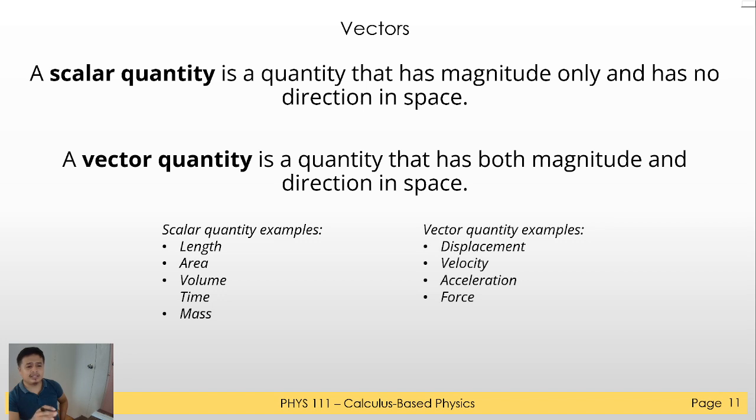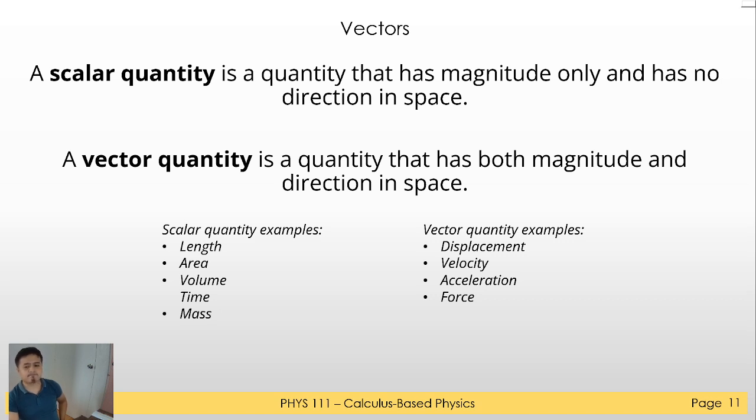The vector quantities are displacement, velocity, acceleration, and force. Every one of these examples has a magnitude and a direction. Velocity has a magnitude, its speed, and its direction, usually in terms of an angle or using a unit vector.